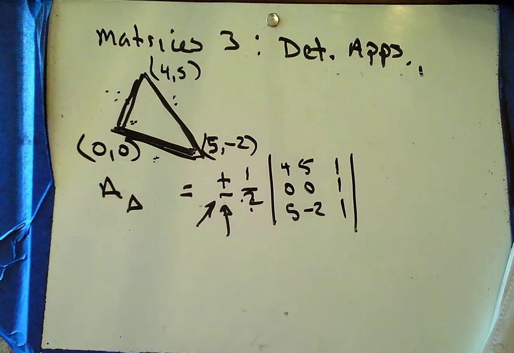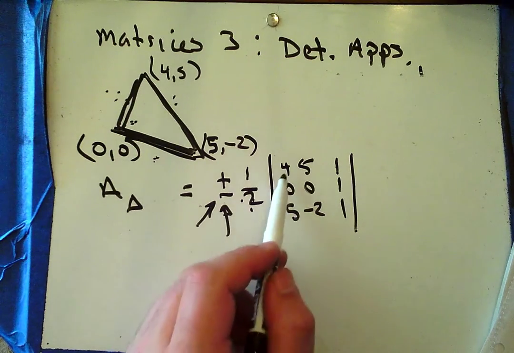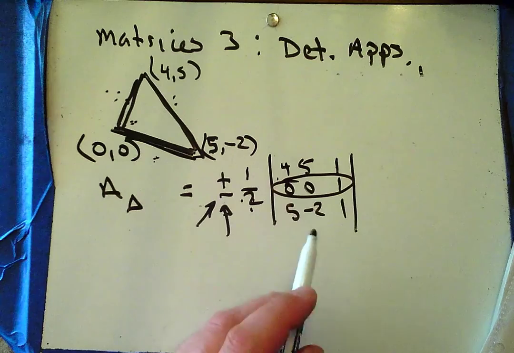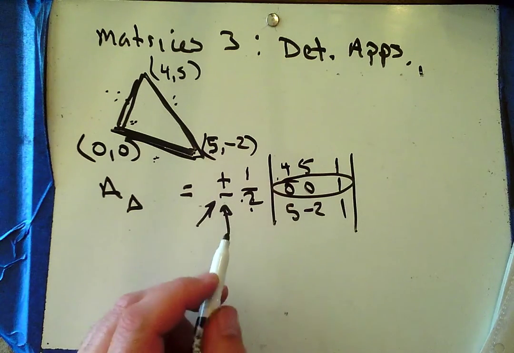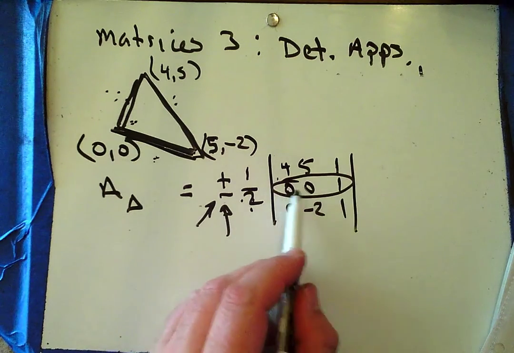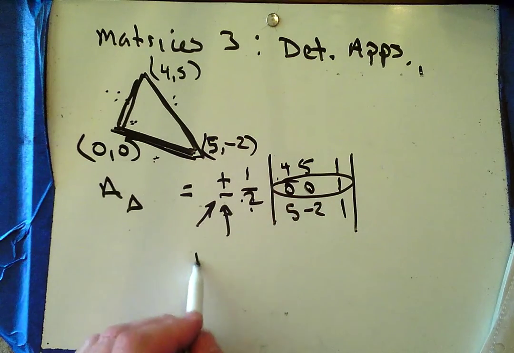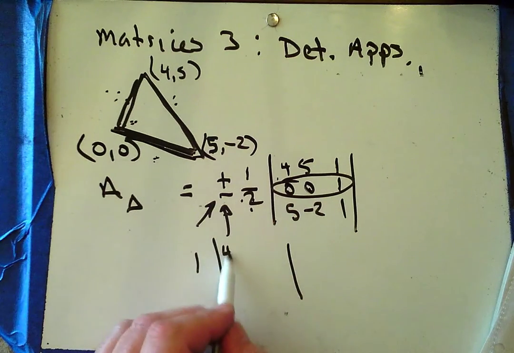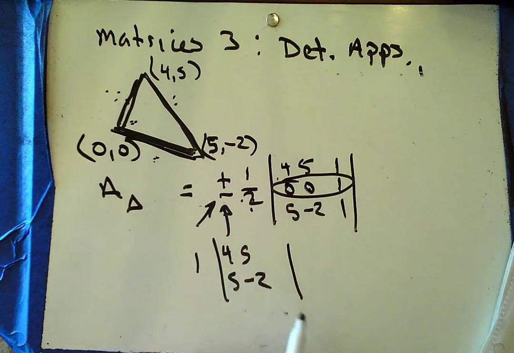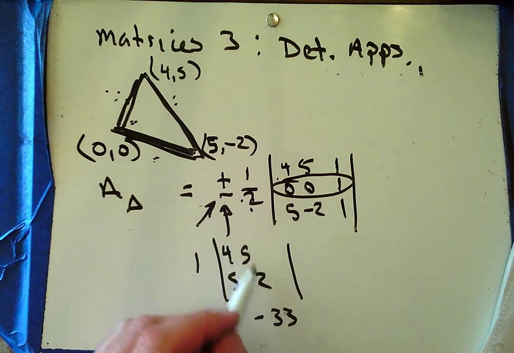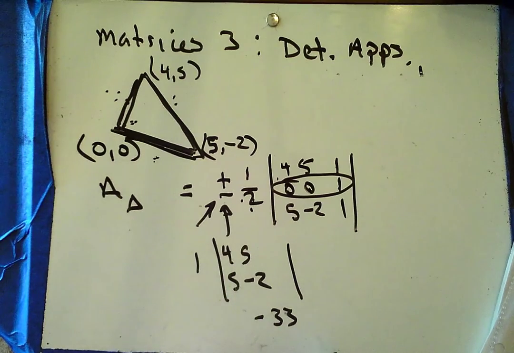Okay, so I need to find the determinant here. I'm going to expand along this row. You can find it any way you want, but I know I've got a 0 and a 0. I just have to worry about 1 times 4, 5, 5, negative 2. I've got negative 8 minus 25, which is negative 33.